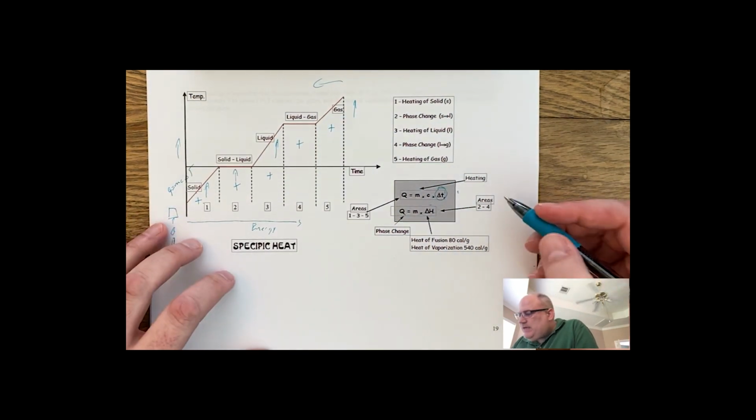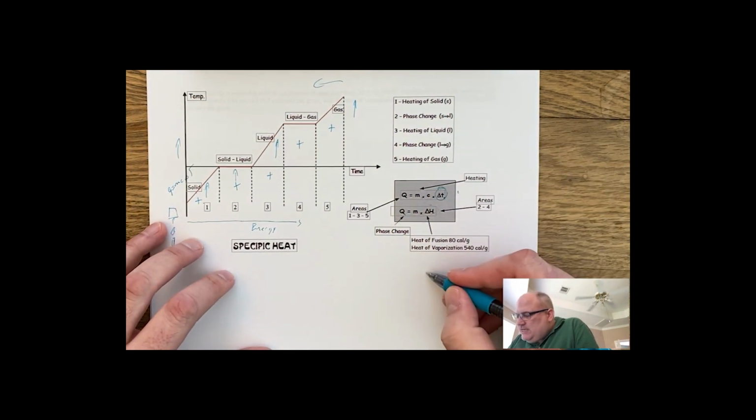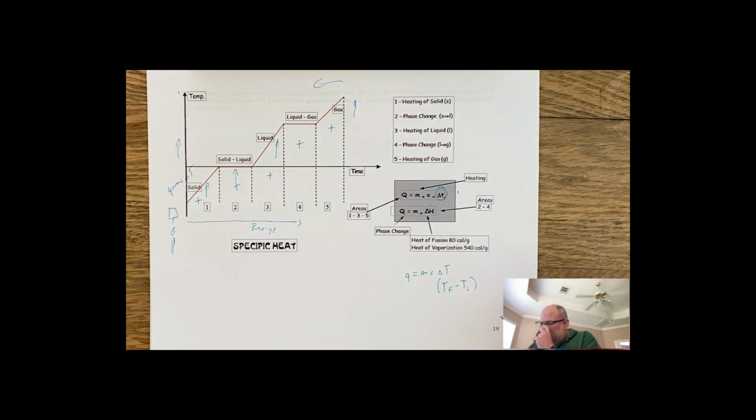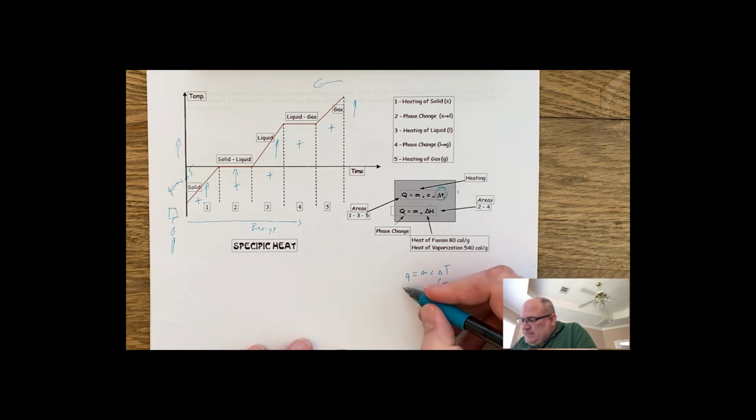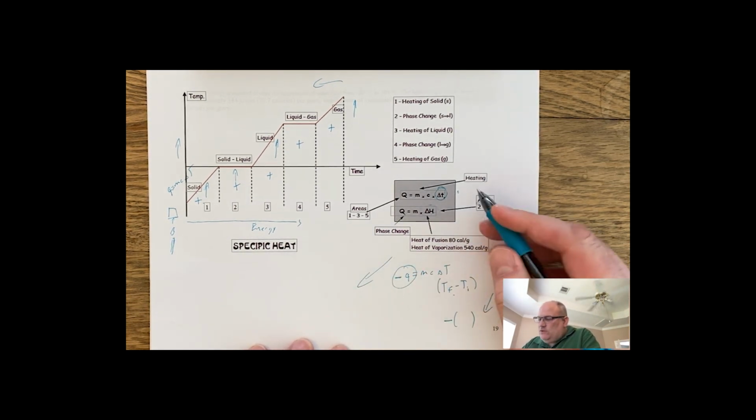And that's tricky because whenever we have Q equals mcΔT, our ΔT is always final temperature minus initial temperature. You can probably do the math here and realize that if we're going up, our change in temperature is always going to be positive. But if we're going down, our final temperature will be lower, which ends up with a negative value, and then we'll end up with a negative Q. If we're going down, that means we're losing energy.